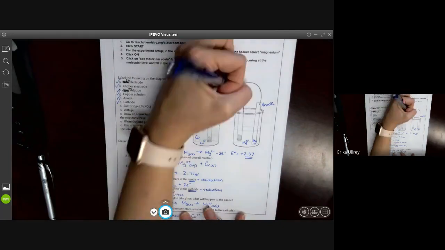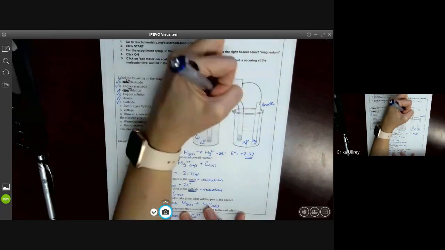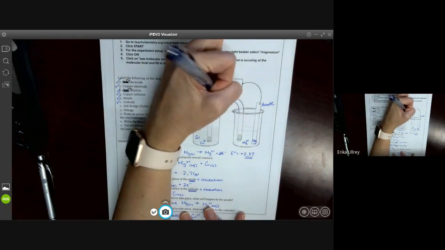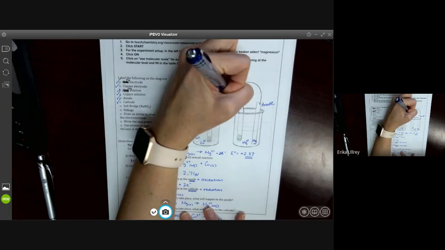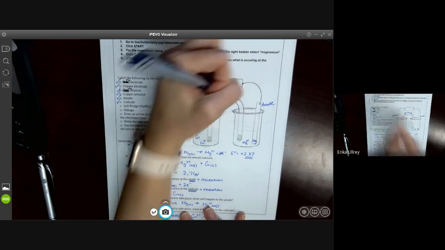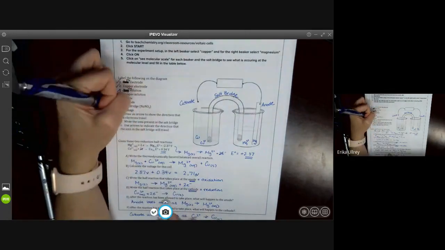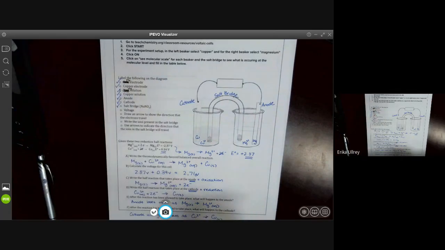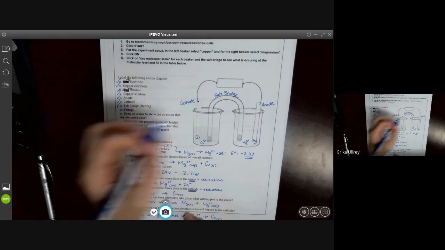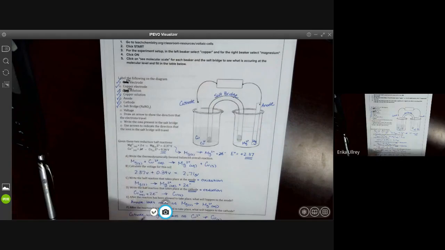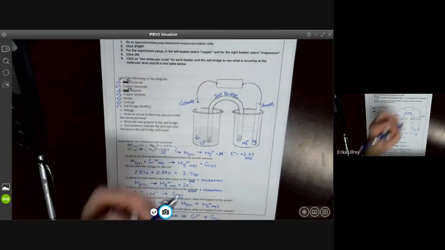The salt bridge we have is right here, so this U-tube looking thing, the original U-tube is our salt bridge. And then voltage, so this is our voltmeter, which we calculated is 2.71.